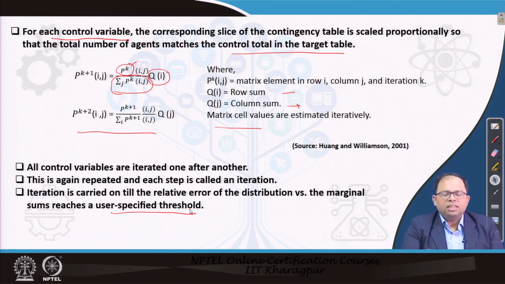As soon as we do these estimates, we see that the values of the existing seed table change and we are gradually approaching the target values. But it cannot be achieved in one iteration, it takes certain iterations, and the amount of accuracy we want has to be determined by us.